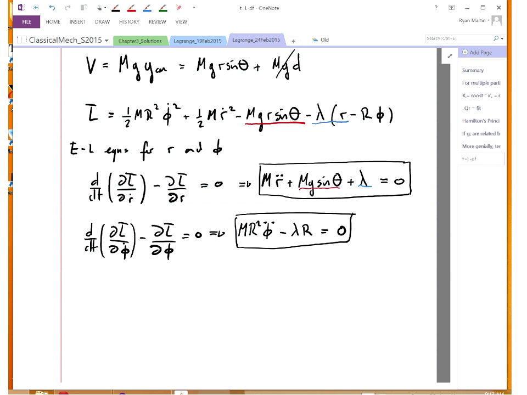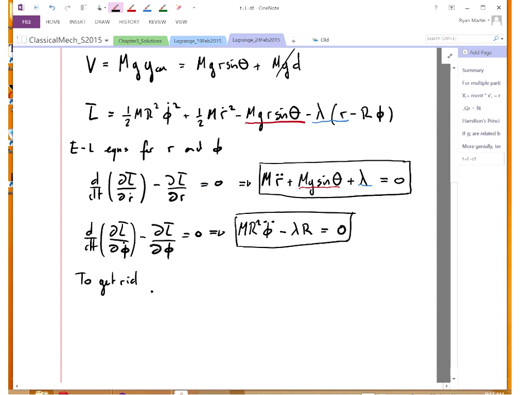So we need to get rid of lambda, but we only have two equations, and r double dot and phi double dot are unknowns, right? So we're going to have two equations, three unknowns. So to get rid of lambda, we need the constraint equation.